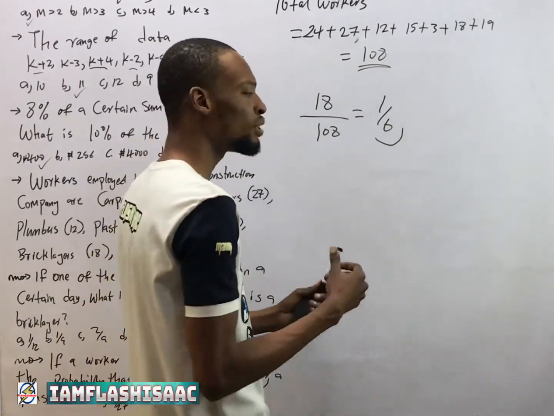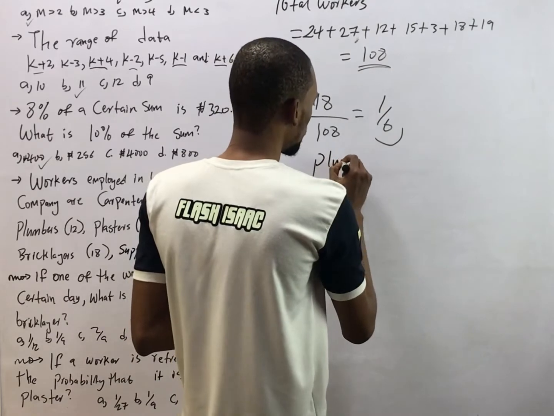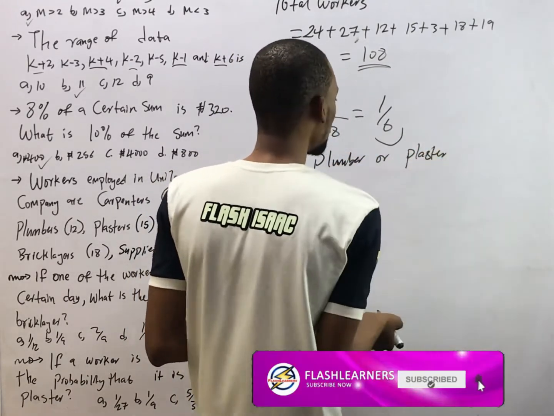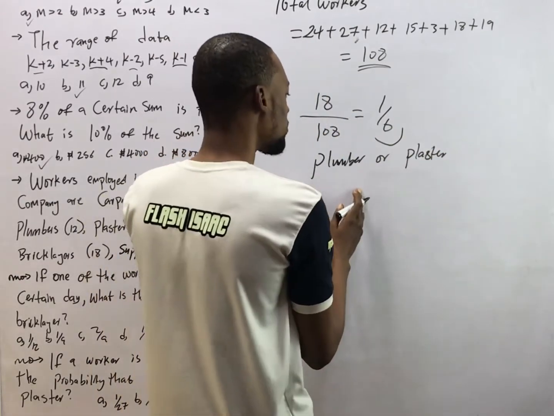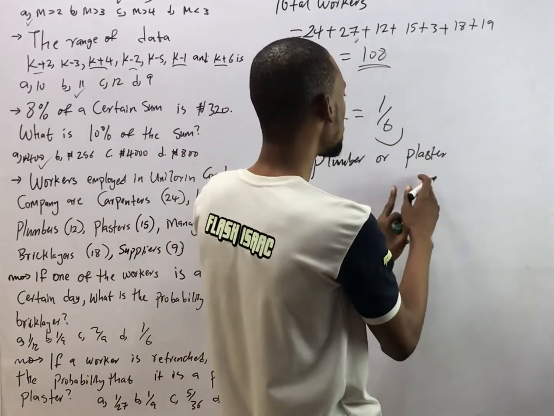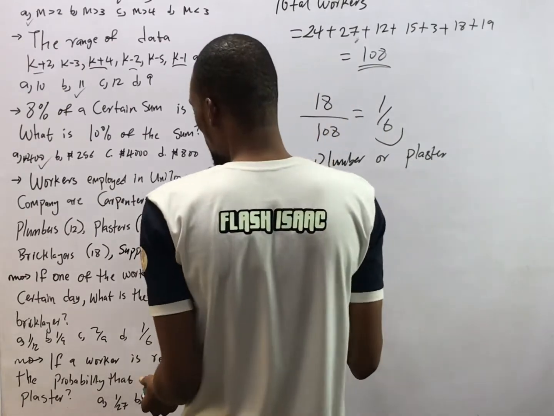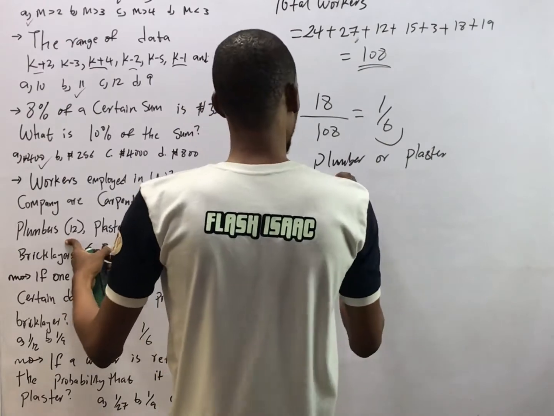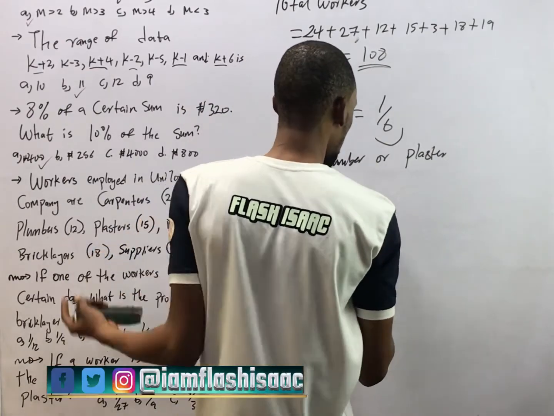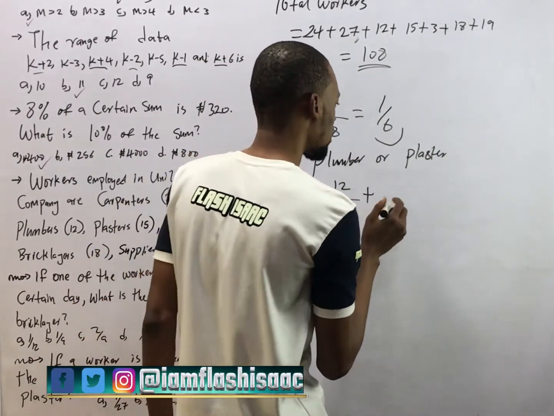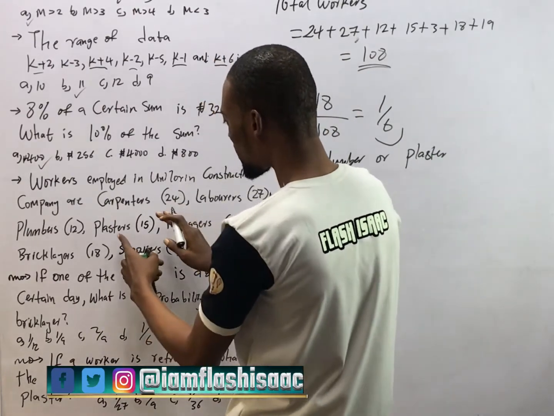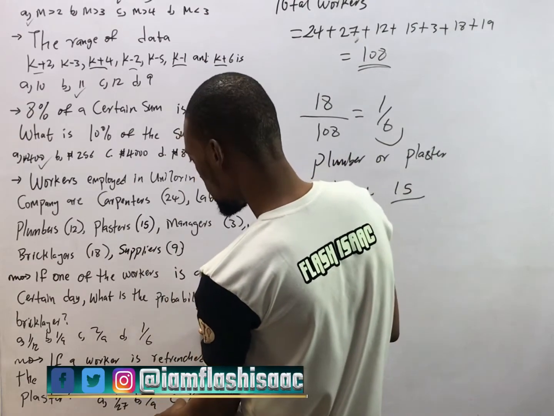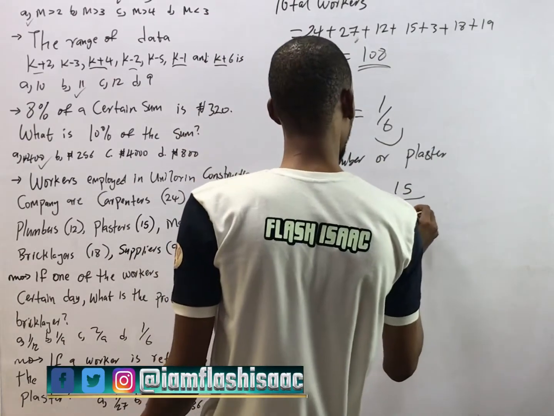So probability of plumber or plaster is simply probability of plumber plus probability of plaster. So the probability of plumber is simply the number of plumbers, which is 12, over the total number of workers, plus plaster, the number of plasters, 15, over the total number of workers, which is 108.